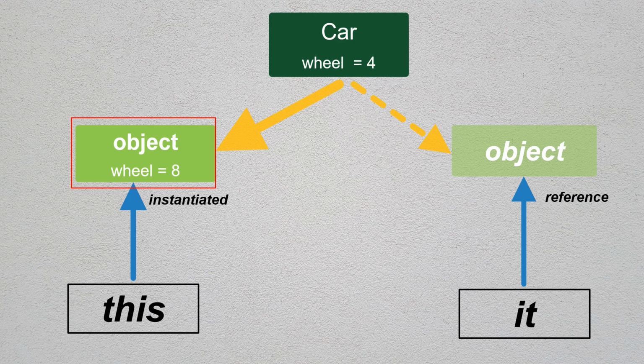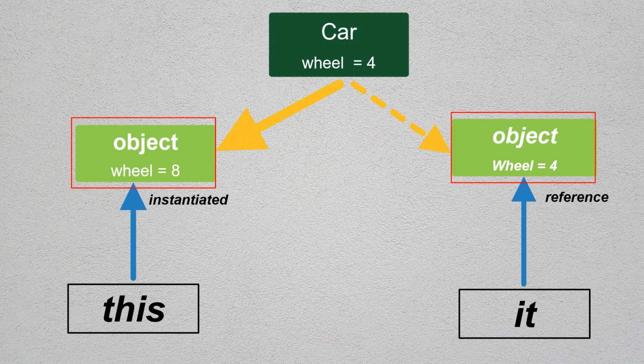On the contrary, we can use the car class as a reference to an object, just like a function parameter. So when we use a reference of a car class as the it keyword, we always get a fresh object of car. The value of the member variable will always be 4. I think you have understood the basic differences between this and it.